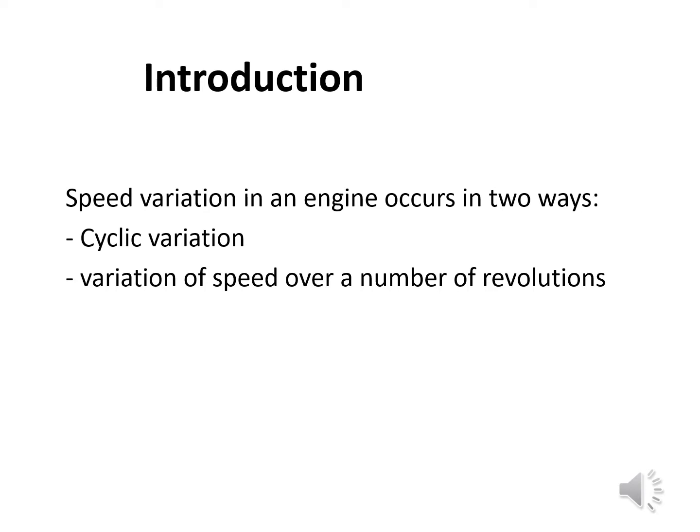These variations can be reduced by mounting a suitable flywheel on the shaft. Secondly, variation of speed over a number of revolutions is because of variation of load on the engine. In this case, a governor is mounted, which controls the mean speed of the engine by regulating the fuel supply to it.